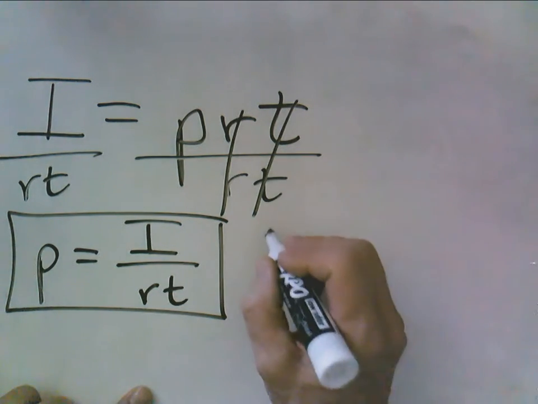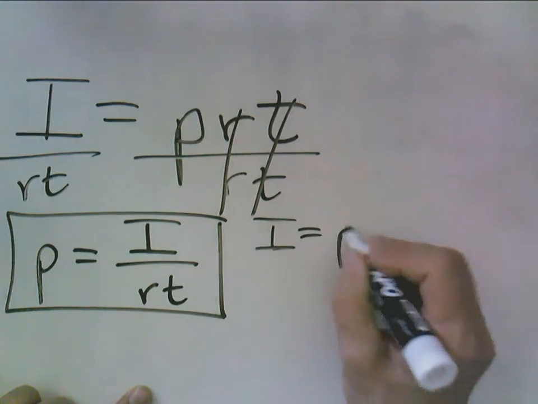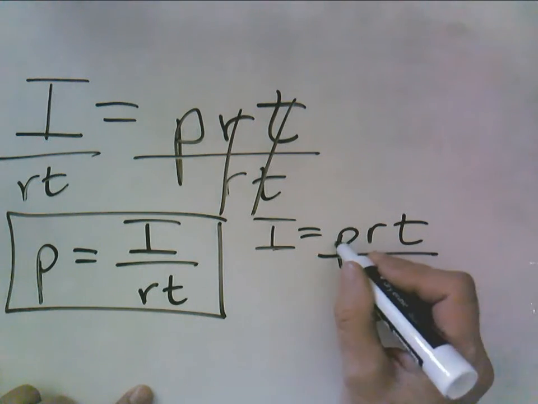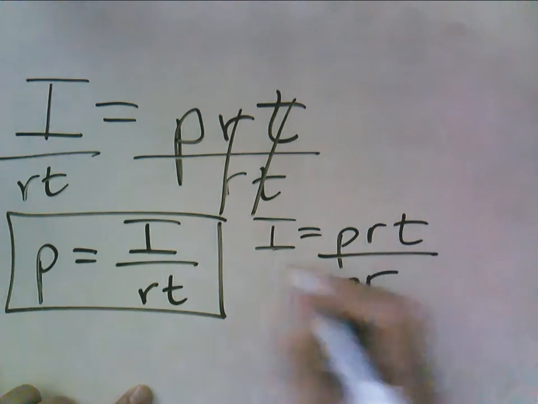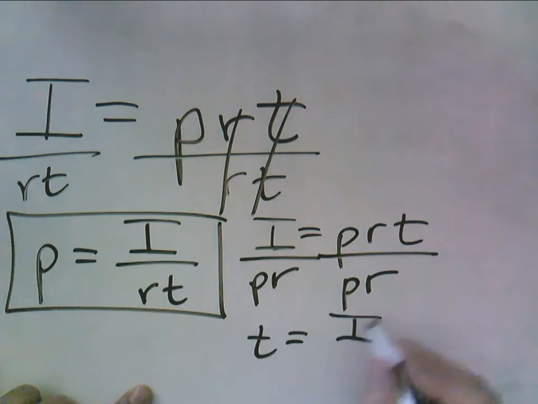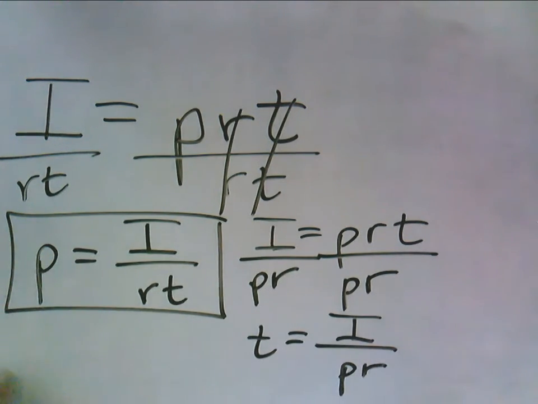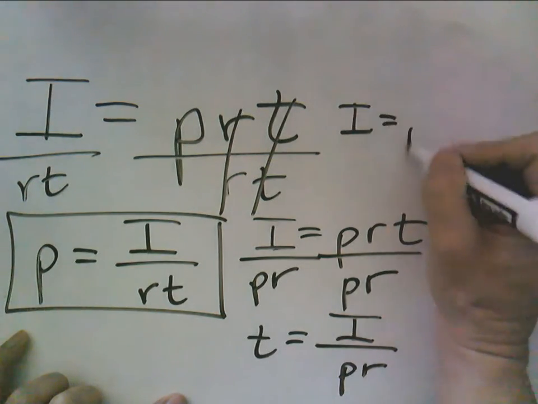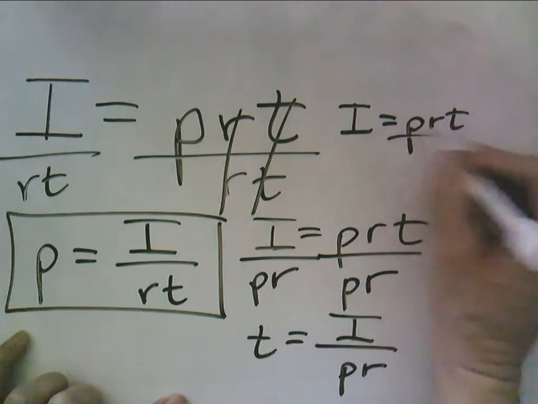Now, let's try solving this for T. So T is being multiplied by P and R, so if I divide both sides by P and R, I get T equals I over PR. So I have just solved the interest formula for T. Well, now let's solve the interest formula for R. So what do I have to divide by?